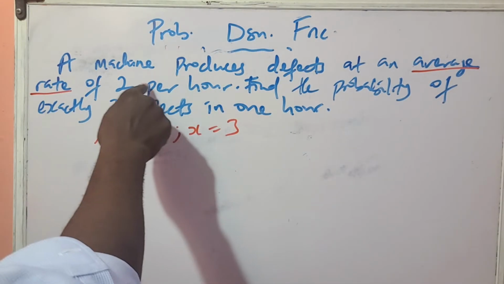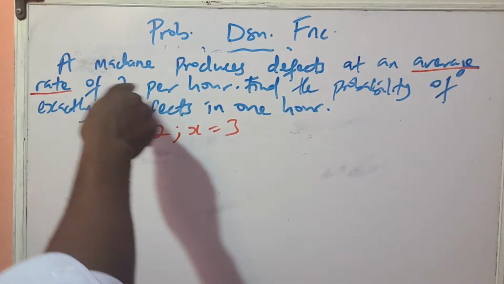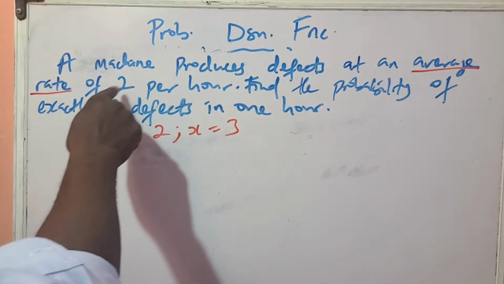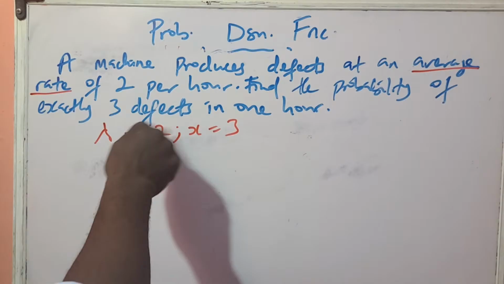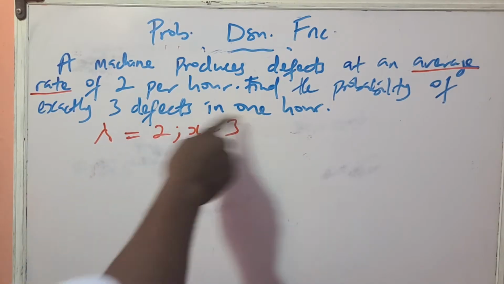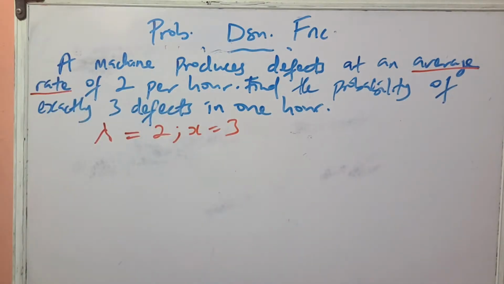For 2 hours, it will be 4. If it was 2 per hour, that means it will be 4 for 2 hours. So our average rate, if this was 2 hours, would have been 4, not 2. If it was 3 hours, it would have been 6, not 2. So note that. But in this case, everything is intact, so we can easily move accordingly.